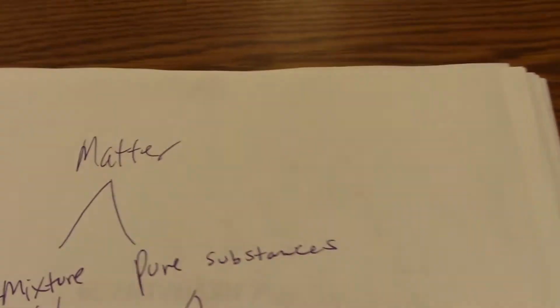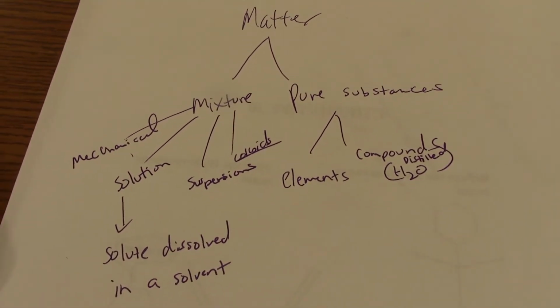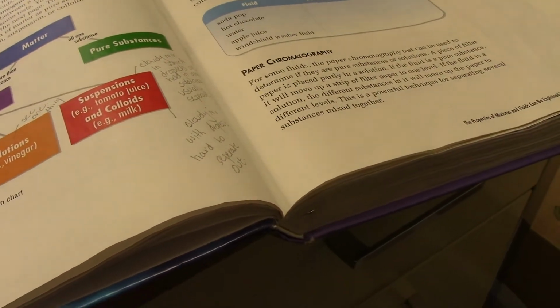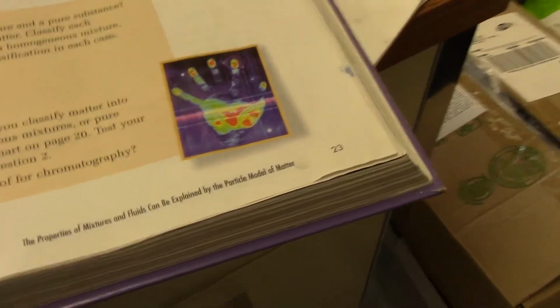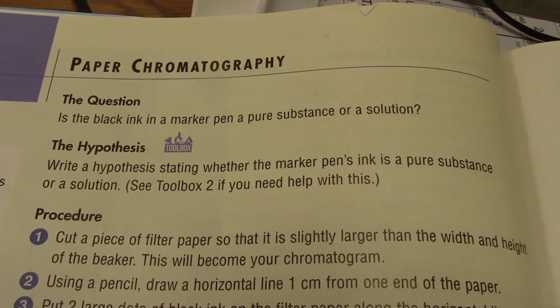Okay, so those are your different types of matter. This is page 19 through 23. Hopefully we'll be able to do a lab on chromatography when you guys are back.